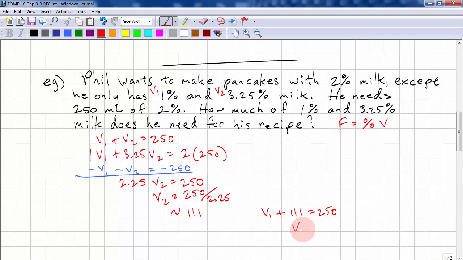That means V1 equals 250 minus 111, equals 139. So we have 139 milliliters of 1% and 111 milliliters of 3.25% milk.